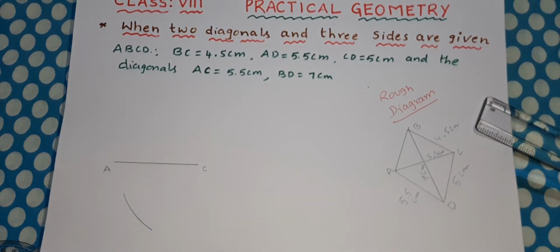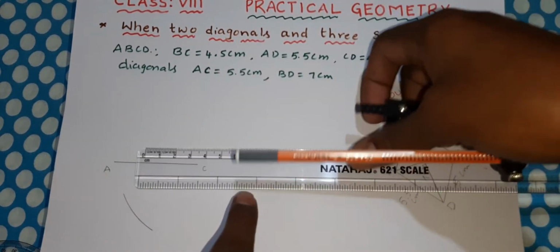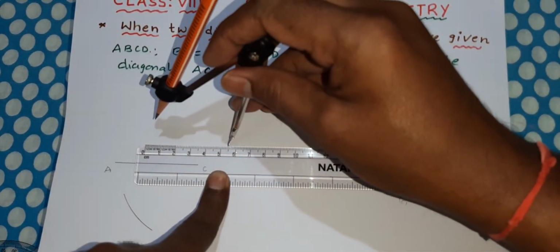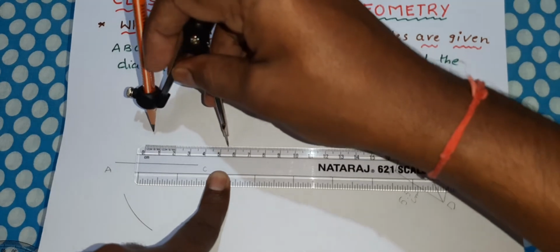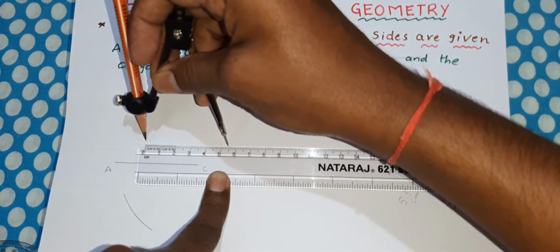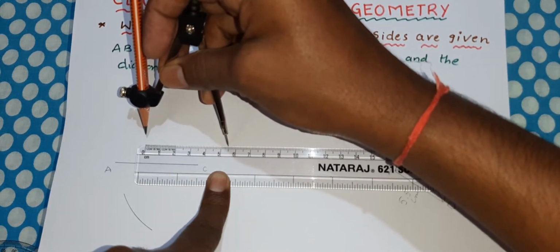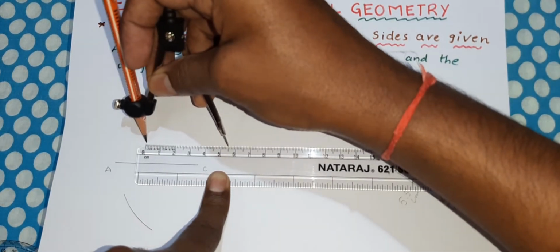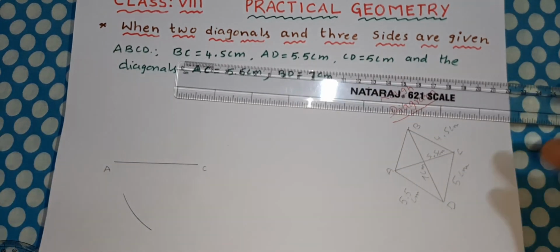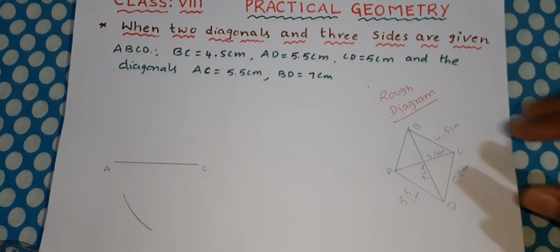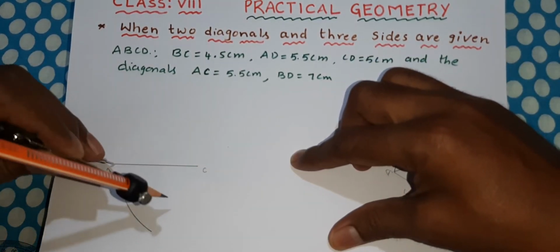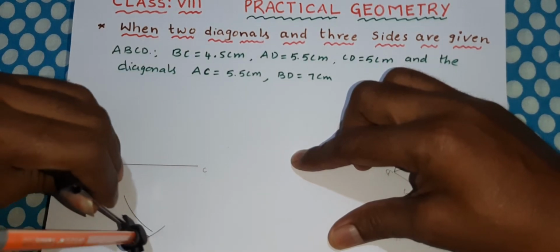Clear? Now let us take 5.5 because AD is 5.5 centimeters. Now measure 5.5 centimeter on the scale. Right, take center as A, then cut that arc.